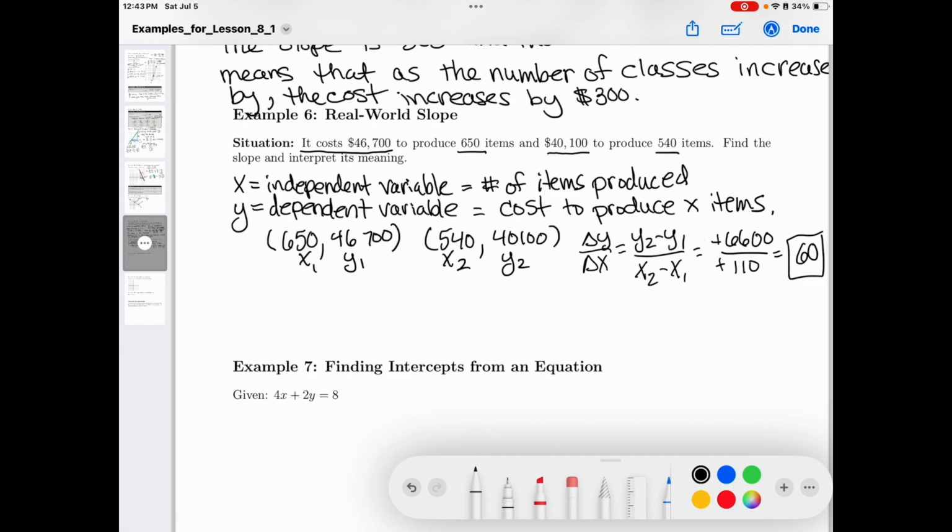All right, now let's interpret what this means. I can rewrite this as 60 over 1 to help me figure out the change in Y over the change in X, if that helps. So X is the number of items produced, and Y is the cost to produce that number of items. So as I increase by 1 item, the cost increases by 60.